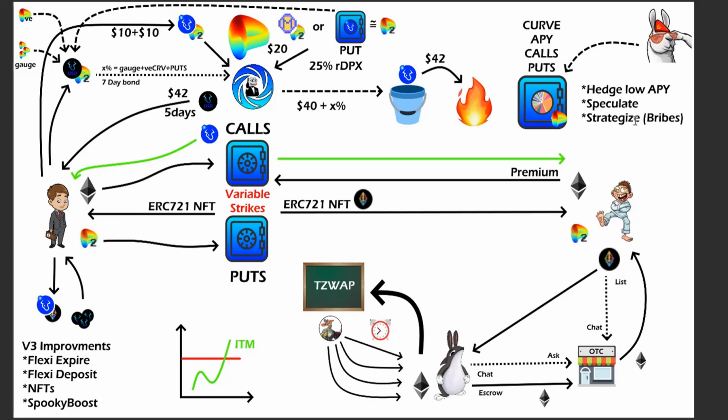And then the last thing is to strategize. Now, basically, let's say he's a huge CRV whale. He has a whole bunch of voting power, and he's always voting on this pool. So he knows that he has maybe a 2% effect on the APY of that specific pool. But he's participating in that pool, right?